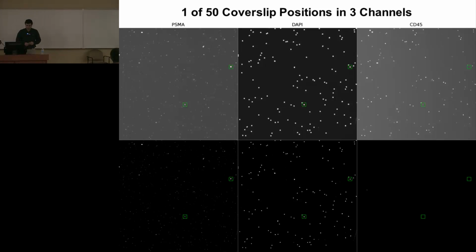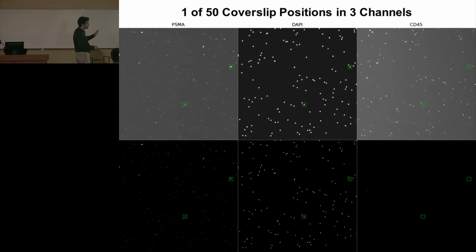In one sample, normally we have, let's say, 50 images, 50 positions. What I'm showing here is only one position, and this is the problem I've been working on: to segment these images and make a selection of which one is a tumor cell and which is not. In this case, we have the PSMA, the prostate-specific membrane antigen, so this would show the tumor cells.